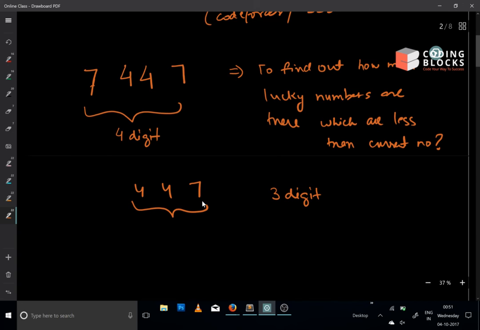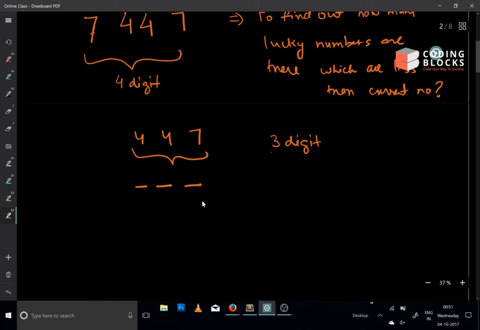If I want to count 3-digit lucky numbers, they will be 2 raised to the power 3, because in the first position you can fill it in 2 ways. Again the second position can be filled in 2 ways, the third position can be filled in 2 ways, because at every place you can have 2 choices. Either you can place 4 or you can place 7. So there will be 2 raised to the power 3 lucky numbers.